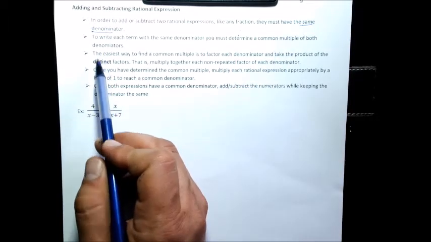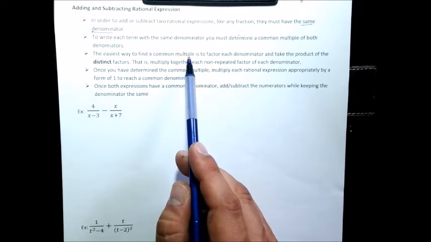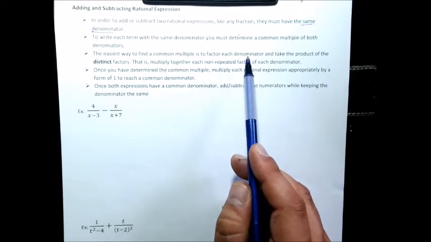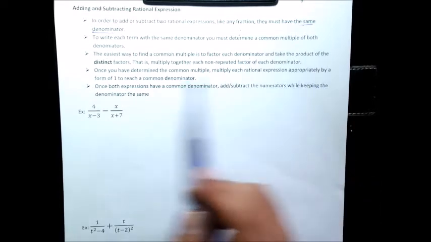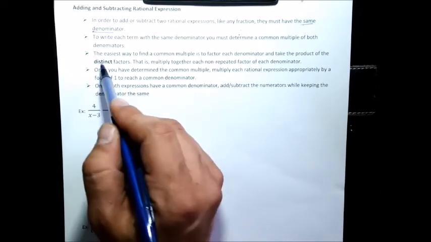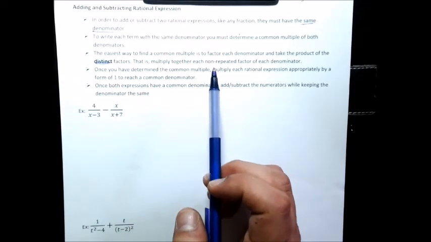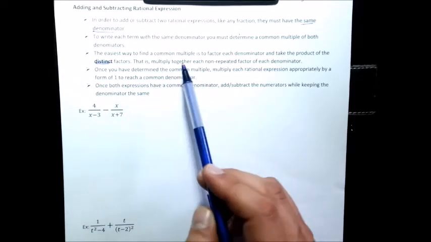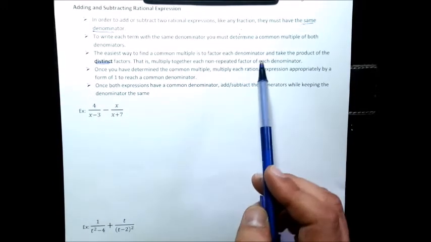All right? So the easiest way to find a common multiple is to factor the denominators, and then whatever the product of the distinct factors are, so distinct is important, is going to be the common multiple. So that is, multiply together each non-repeated factor of each denominator.